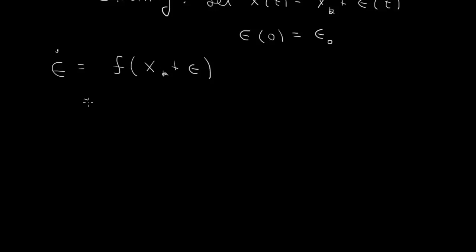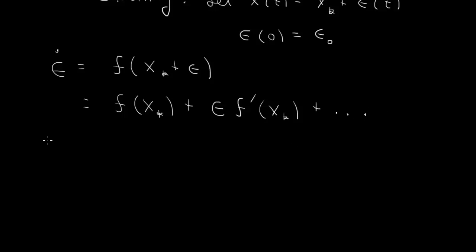So we can make a Taylor series expansion here about x equals x star, or about epsilon equals 0. So we have the constant term f of x star, plus the linear term epsilon times f prime of x star, plus epsilon squared over 2 factorial, but these terms are going to be higher order.